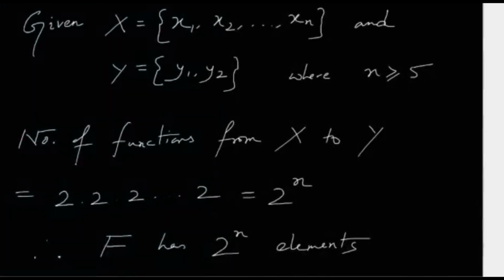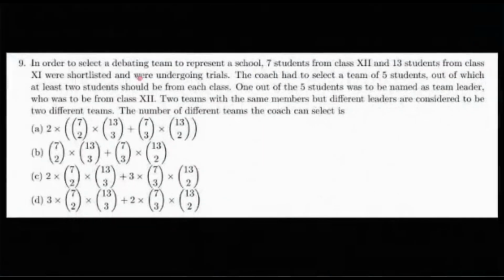So let's move on to the next problem, problem 9. The problem says: in order to select a debating team to represent a school, 7 students from class 12 and 13 students from class 11 were shortlisted and were undergoing trials. The coach had to select a team of 5 students, out of which at least 2 students should be from each class.